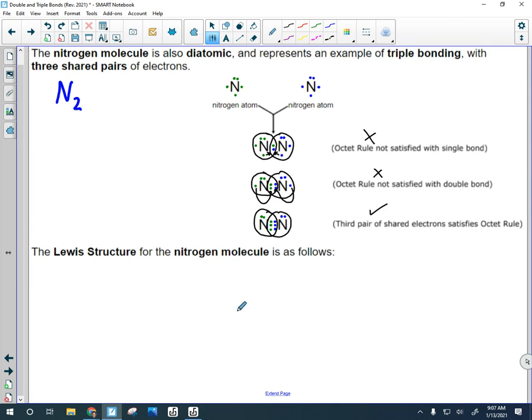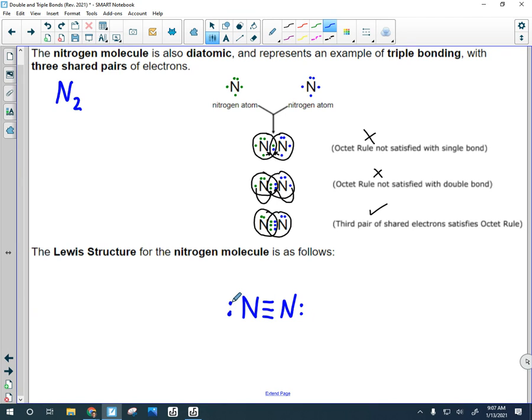So the Lewis structure is going to have 2 nitrogen atoms, triple bonded, 1, 2, 3 lines. That represents 6 total electrons, 3 pairs. And although we had the non-bonding electrons on top, you will almost always see it written like this with the non-bonding on either side.